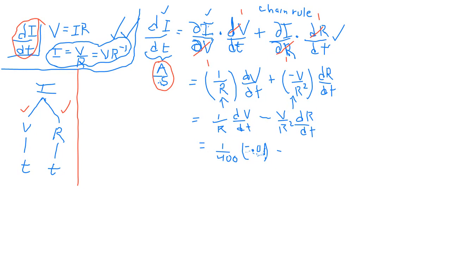And then V was, let's see, well, how are we going to find V? How are we going to find V? Right, good, Ryan. V equals I times R. So that means that V, well, yeah, that's right.